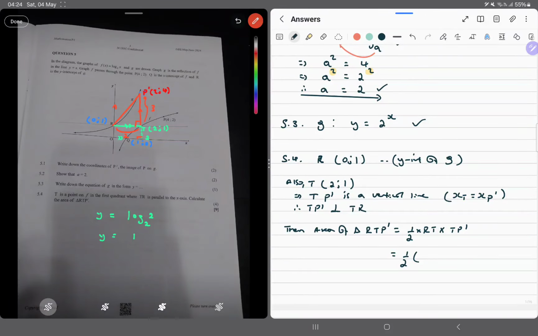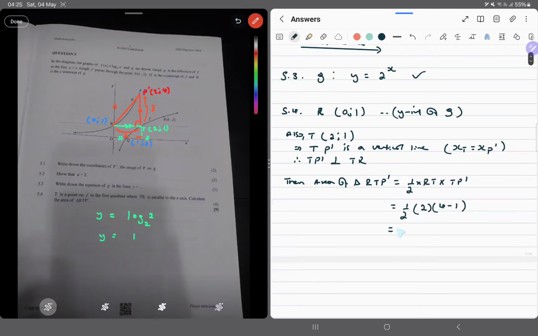Half into RT, we can see is the horizontal distance from R, which is just 2 units. We don't even need to calculate that. This one is going to be 4 minus 1. At least we can show a bit of calculation there. Now we can see that these two, they do the thing. So this is basically 3 square units.